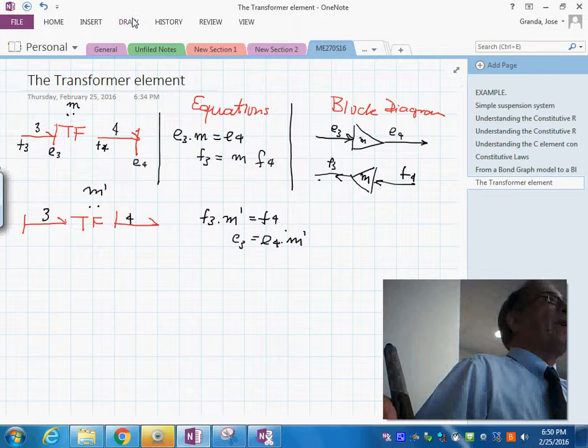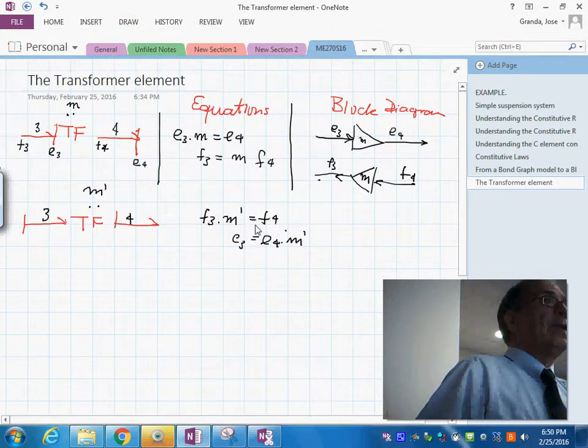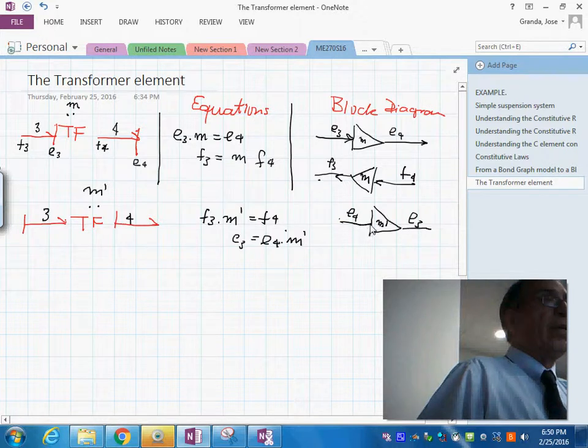You have M prime, and then you have this is e sub 3. This is e sub 4. And then you have it like this. M prime. And then you have f sub 4, and you have f sub 3.